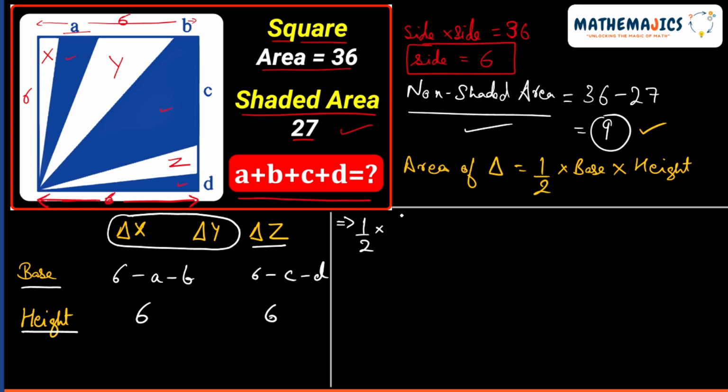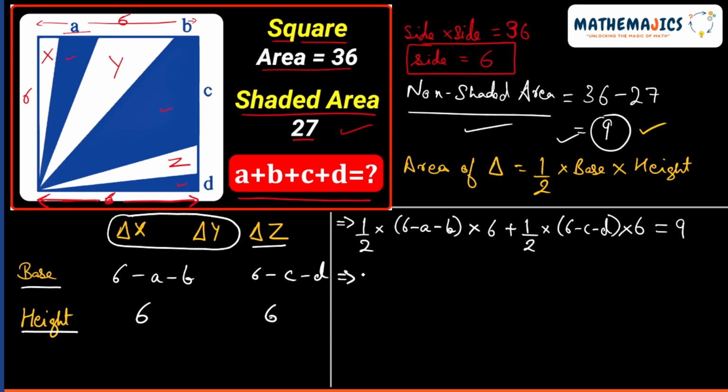The base for triangles x and y is 6 minus a minus b, times height. The height is 6, plus the area of triangle z, which will be half times base. The base is 6 minus c minus d, times height. The height is 6. What is this total area? This is equal to 9. As we have seen earlier, this is the non-shaded area.